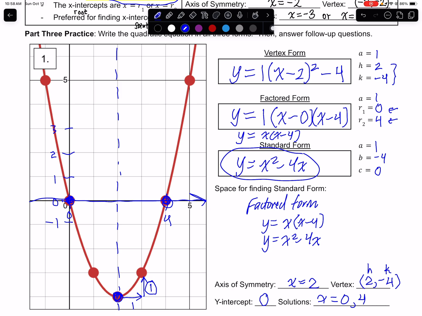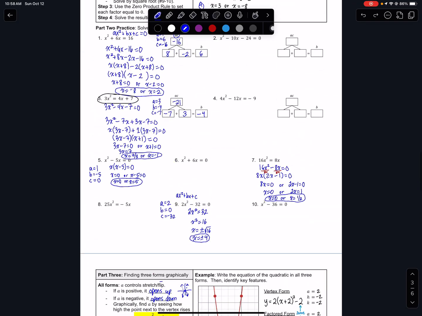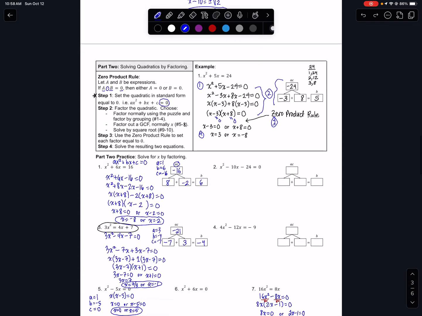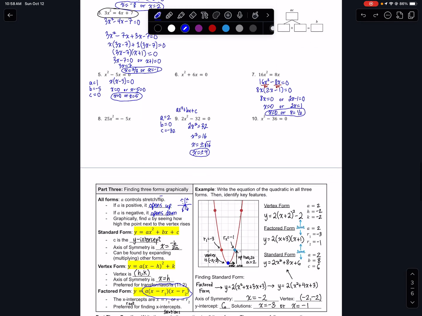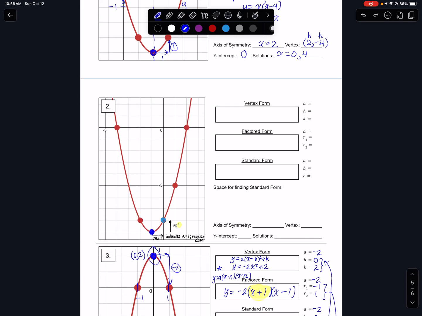Okay? So what's going to happen now is you're going to work on the evens for a bit, say 15 or 20 minutes, and then after that, you're going to get the part 2 worksheet, and you just have to do the evens of those as well.